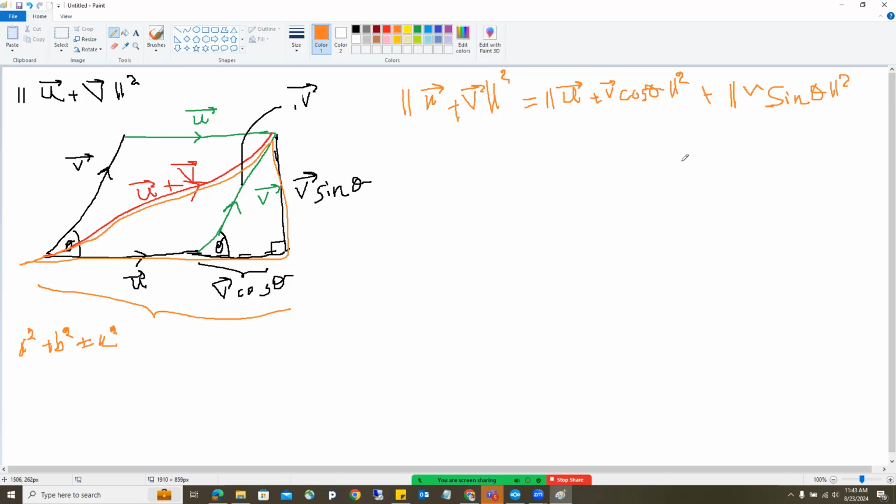Yeah. Now you just need to simplify the right hand side.